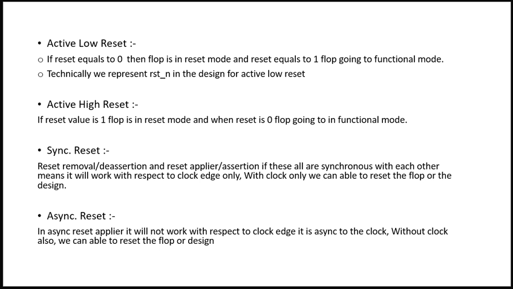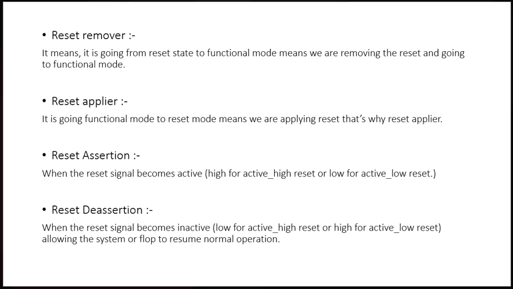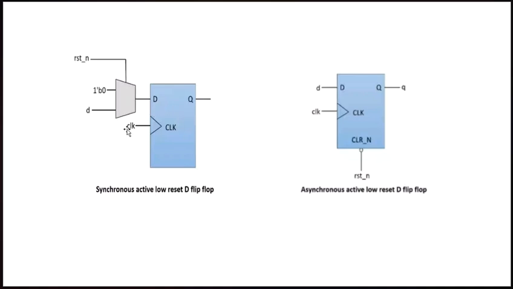If we go to the design for synchronous and asynchronous reset, here this is the synchronous active low reset, and this is the asynchronous active low reset D flip flop. Why in synchronous reset do we get the output at the next clock edge? Because of this mux.